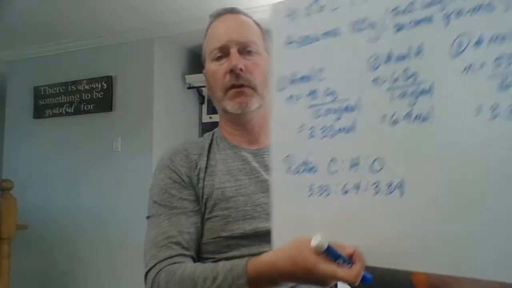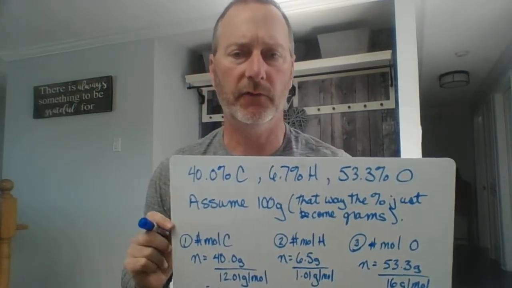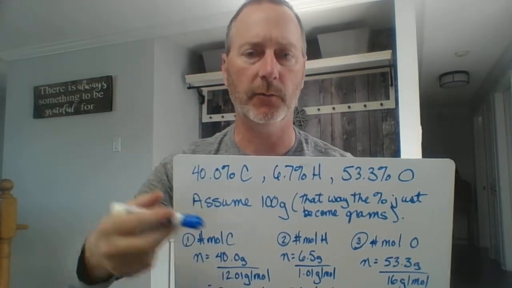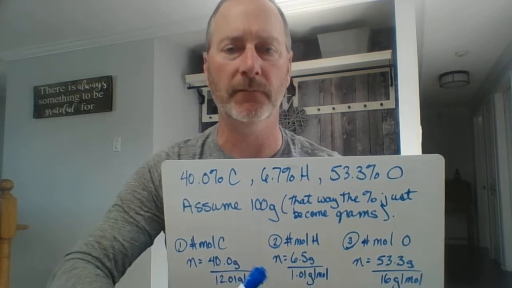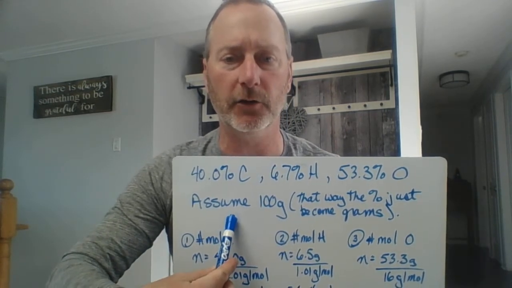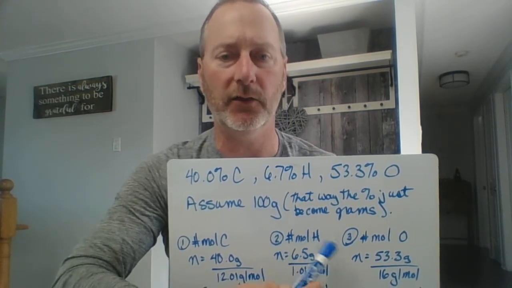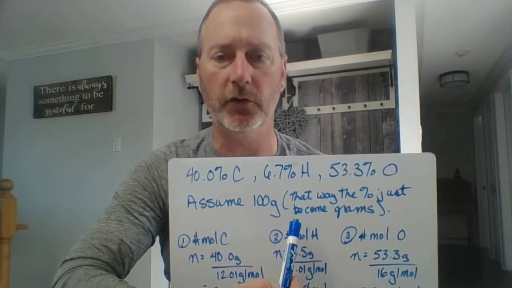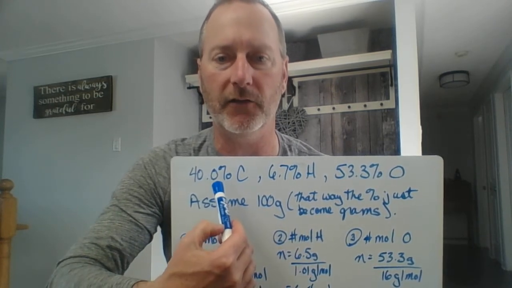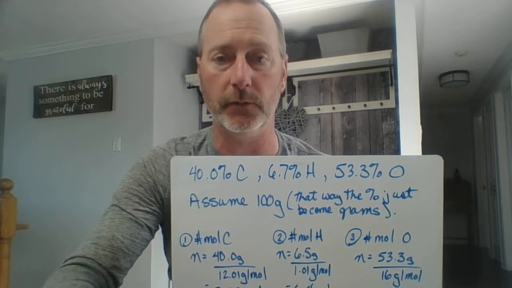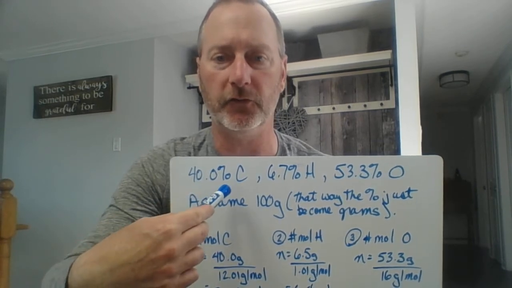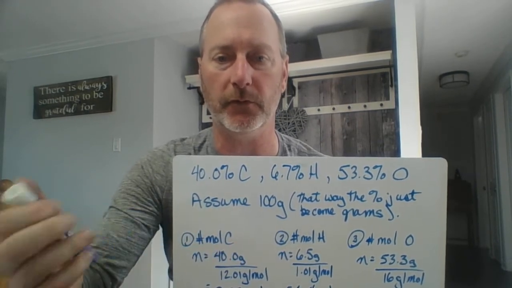We're going to take this particular one, 40% carbon, 6.7, this is the same one that we've done, right? Just assume that you've got 100 grams of it. That way, the percentages just turn to grams, because 40% of 100 grams is 40 grams, right? So the percentage drops out, and essentially you just change the numbers to grams.